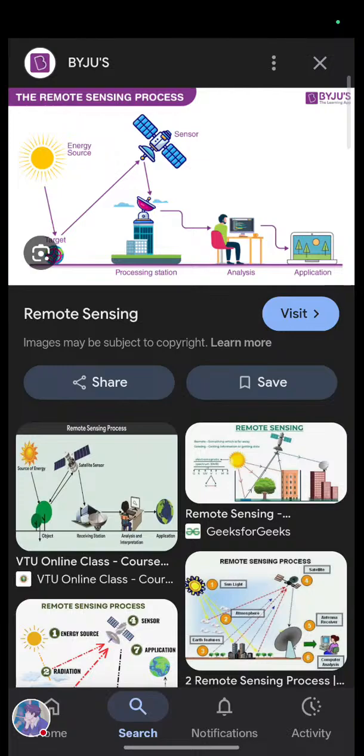So spaceborne remote sensing means collecting information using sensors placed on satellites in space. These satellites take images or data of large areas like countries, oceans, and the whole Earth. It is mainly used in weather study, environmental monitoring, and disaster management.